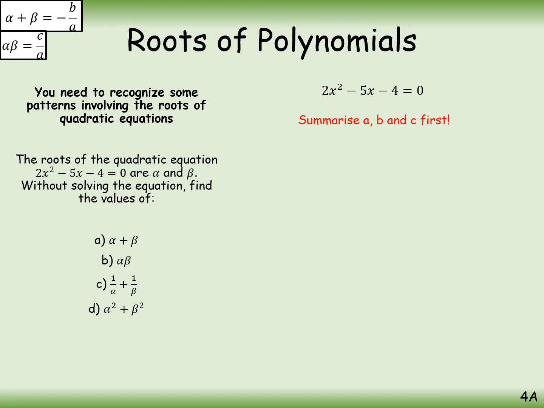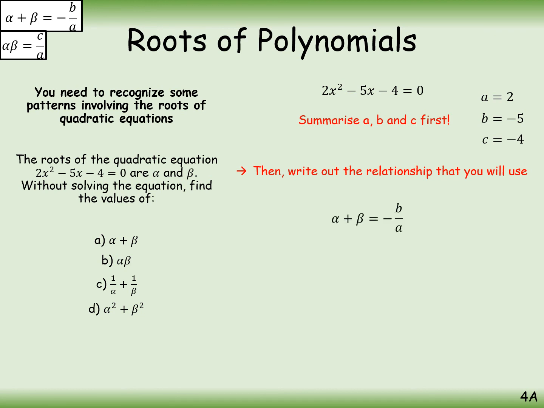We summarize a, b, and c first. So a is 2, b is minus 5, and c is minus 4. Then we write out the relationship that you'll see. We know alpha plus beta is minus b over a.